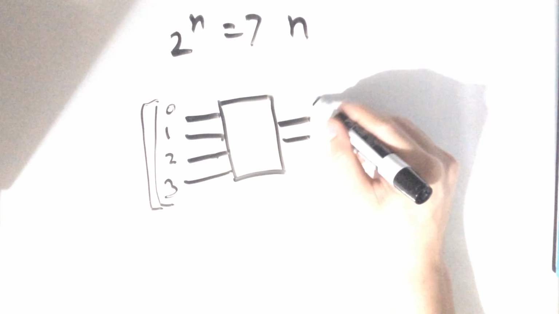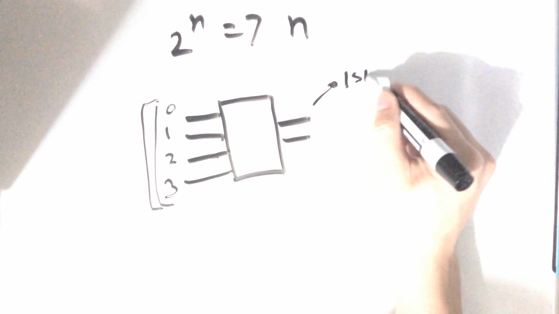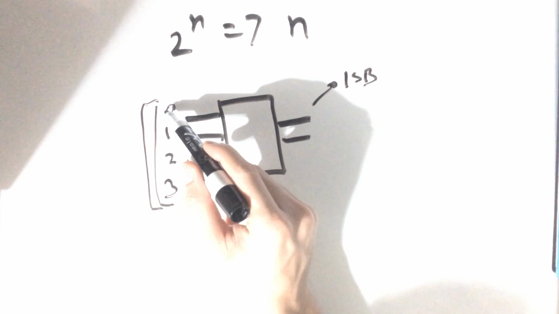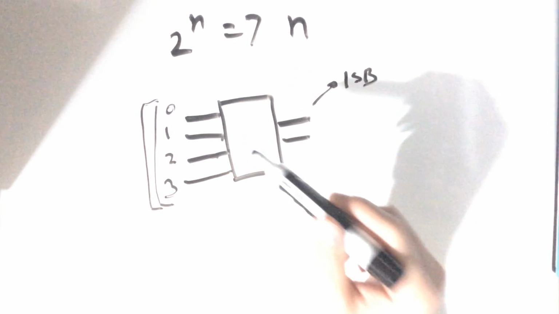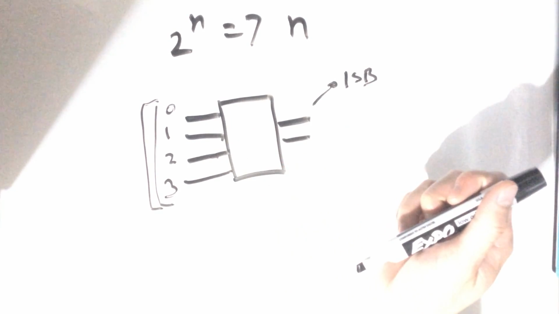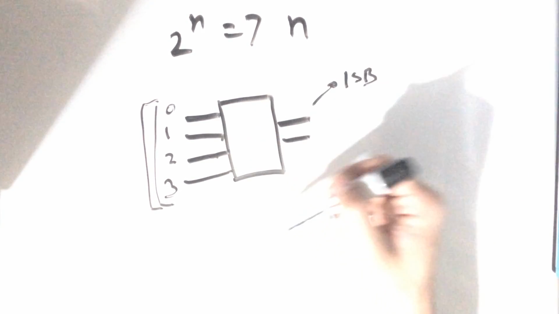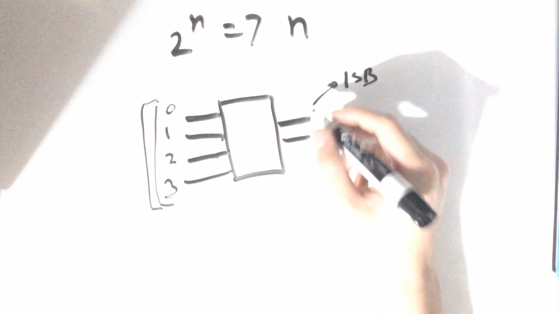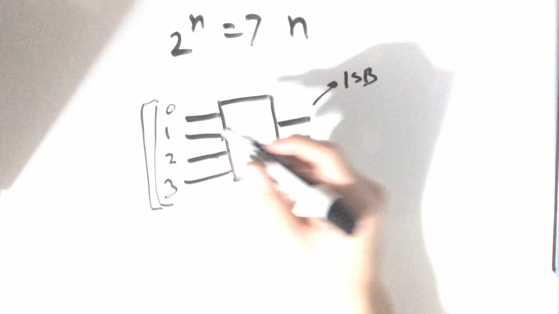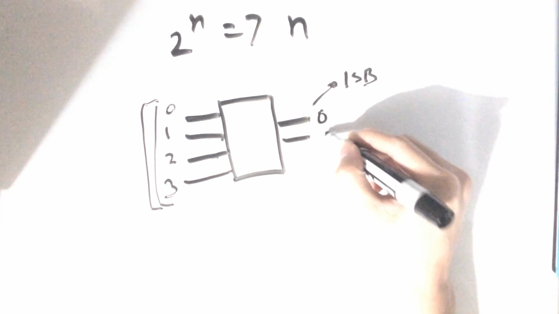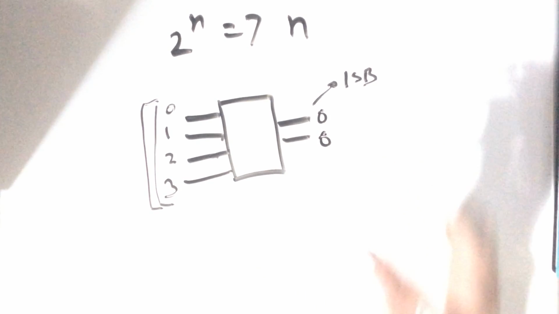If this was the least significant bit, and 0 was selected, and at any point in time only one of the 4 inputs, or one of any number of inputs, can be selected, then I would want the binary representation of the decimal number 0, which would give us 0, 0.